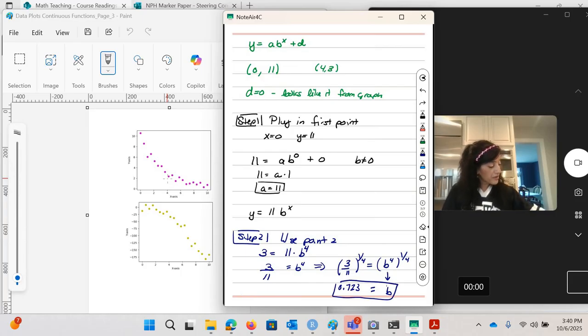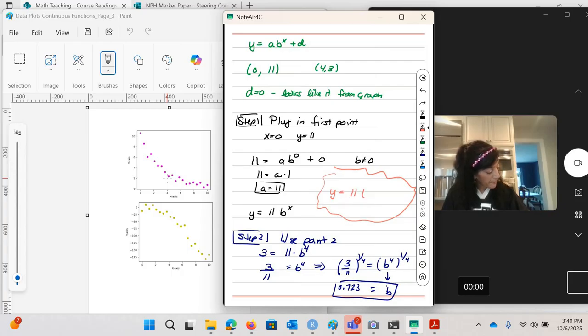So my final model, I'm going to put it in red over here. My final model looks like this. Y is equal to... Sorry, let me erase. I forgot my 11. That's where the a goes.